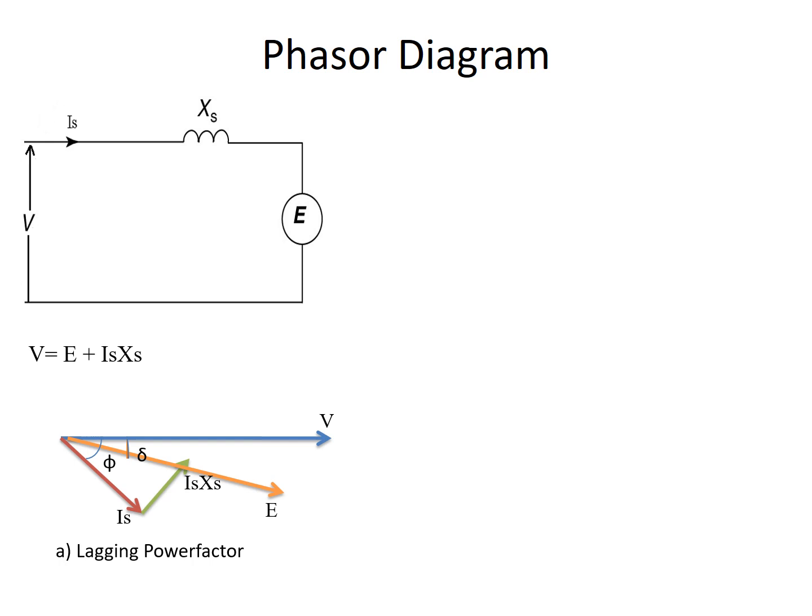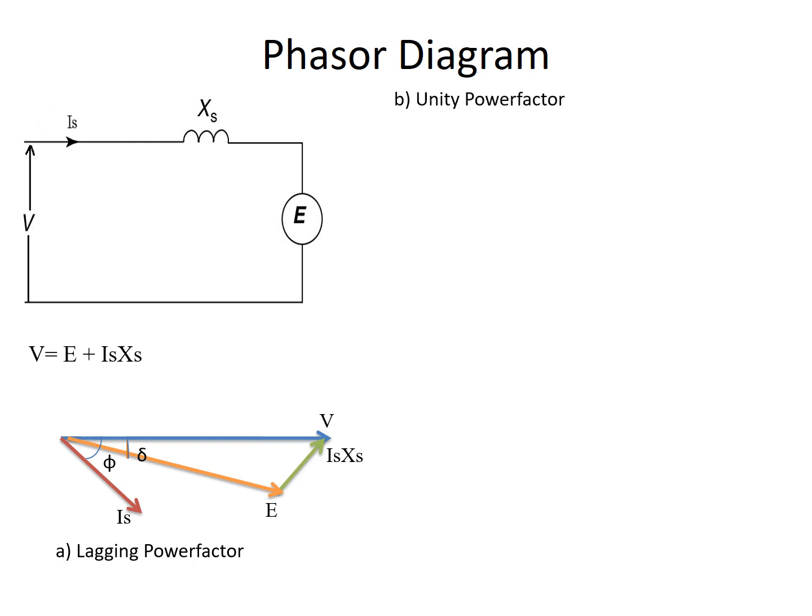So if I want to add it with E, I have to draw a vector parallel to it. That means in this way. Hence you get V, which is equal to E plus IsXs. So this is the phasor diagram for lagging power factor.